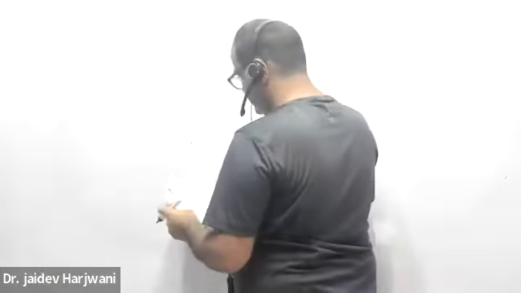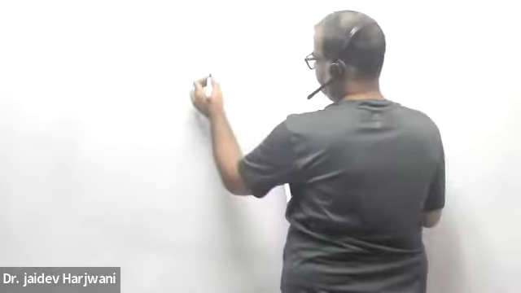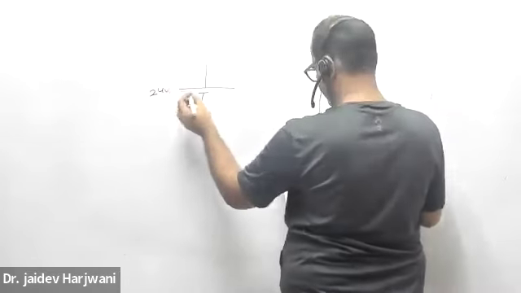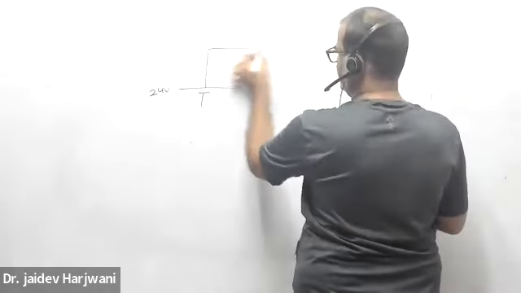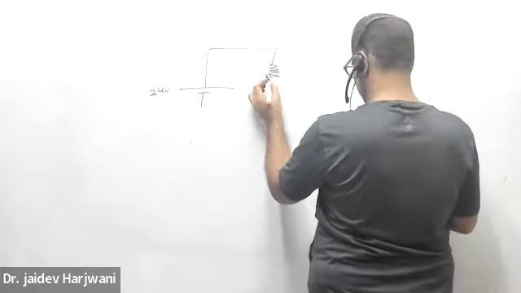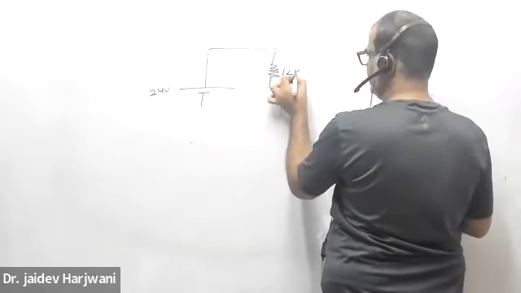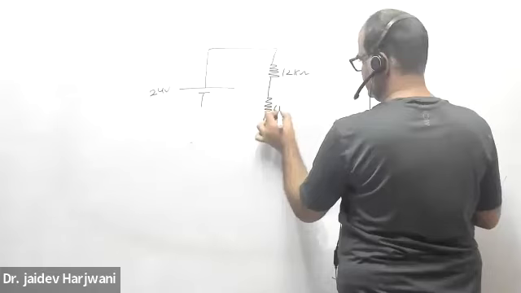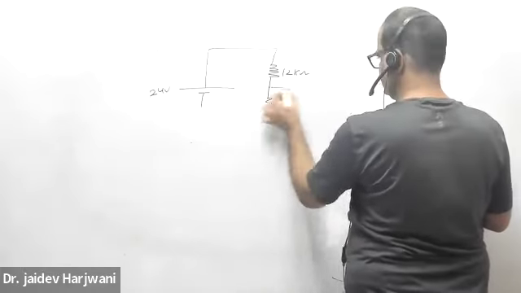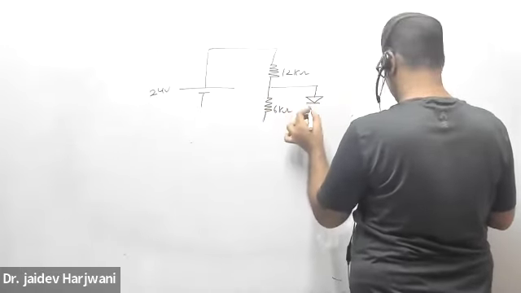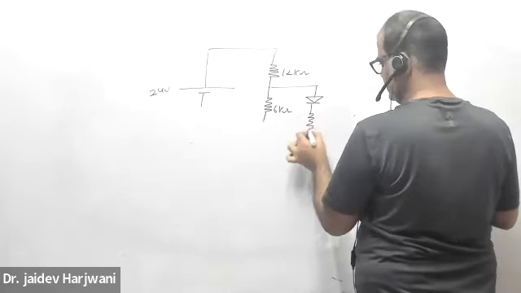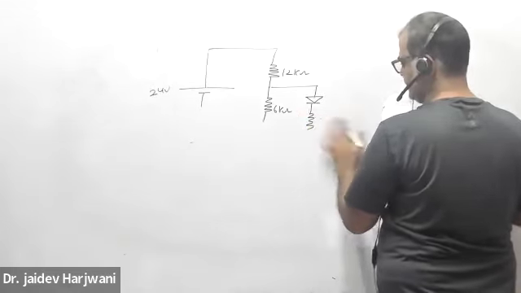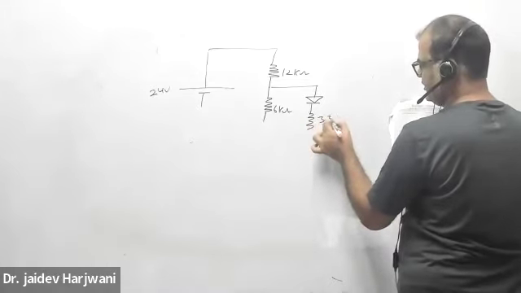So the next question is, you have a 24-volt battery. Now you have to solve this one. There is 12 kilo ohm, 6 kilo ohm, a diode, and 3.3 kilo ohm, 3.3 kilo ohm.